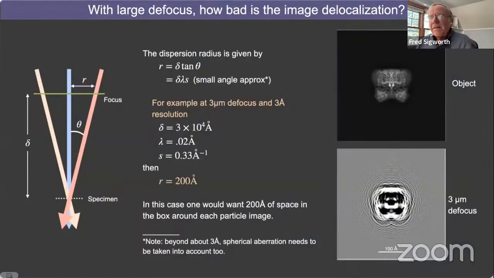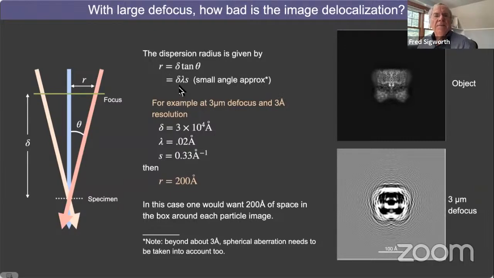Okay, so let's talk about delocalization for a minute. We know this angle theta, which is between the undiffracted and the diffracted waves, and we're going to defocus this distance delta above the specimen. So we can ask, how far away is the relevant diffracted wave from the undiffracted wave? Well, that's just geometry, and we can work it out.